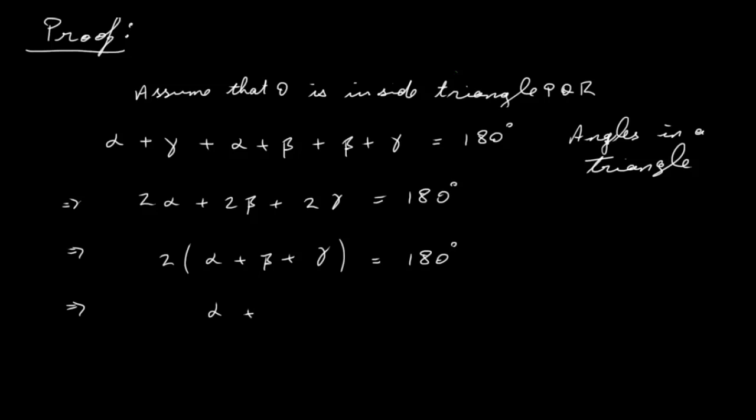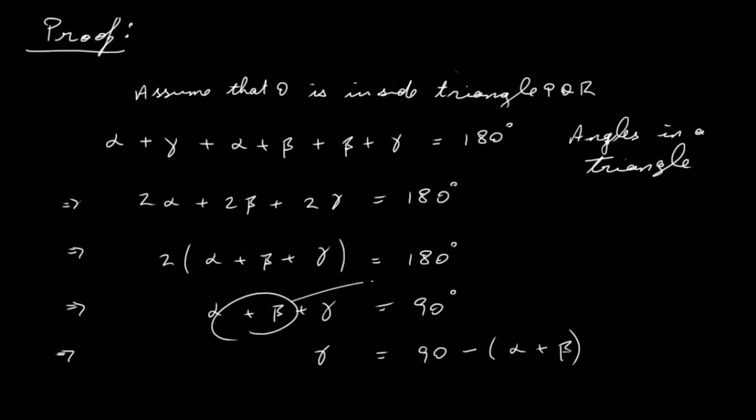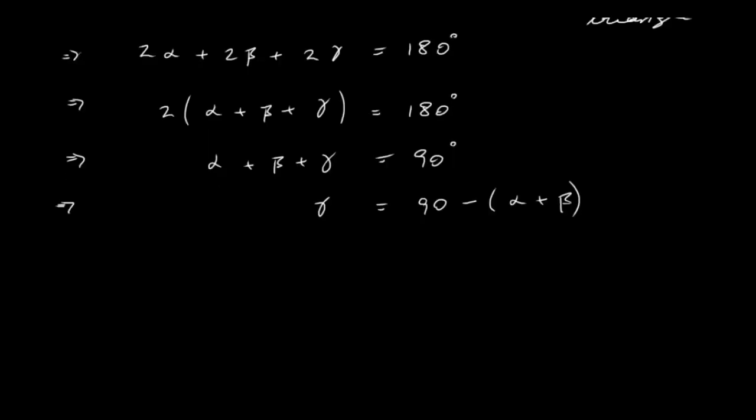That means alpha plus beta plus gamma must equal 90 degrees, divided across by 2. Finally then, gamma must equal 90 minus (alpha plus beta). So I just brought these two over here. Okay, so that's as far as I want to go really in terms of the main part of the proof.